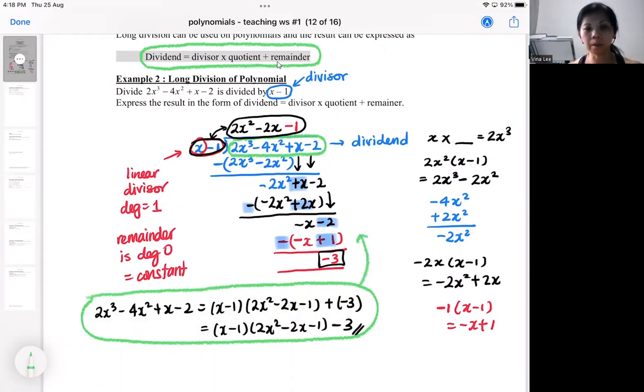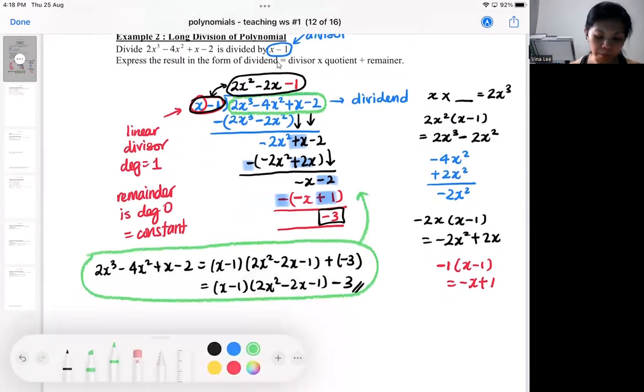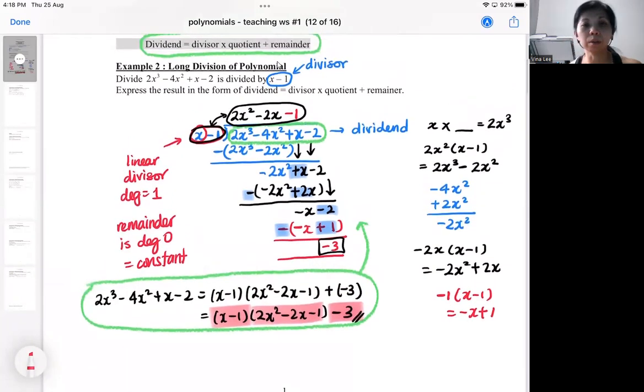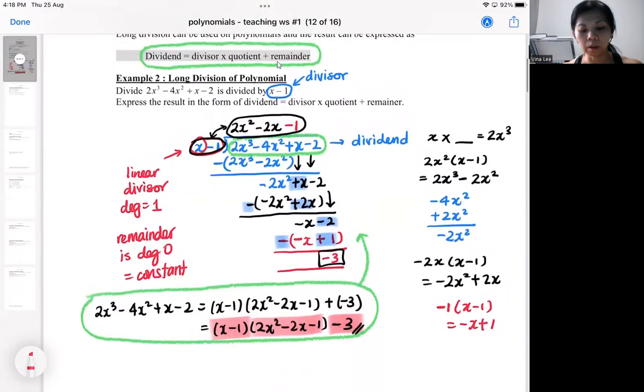When you look at a polynomial like this, would you be able to tell the different components? For example, would you be able to tell that this is the divisor, this is the quotient, and this is the remainder? There are some very conceptual questions that deal with this format. But the most basic is your technical accuracy for long division. You shouldn't make careless mistakes, or else a lot of things will be affected.